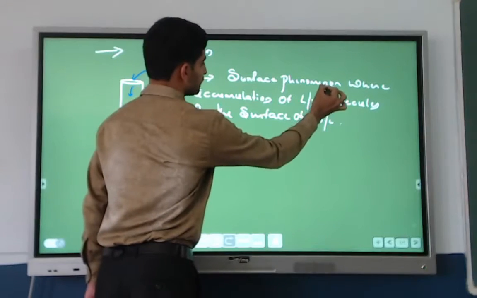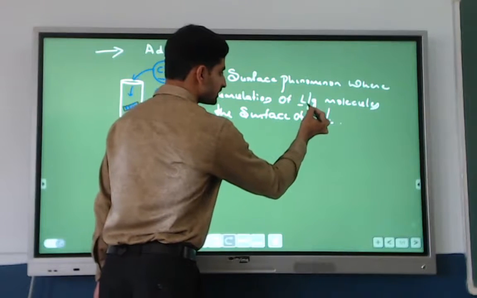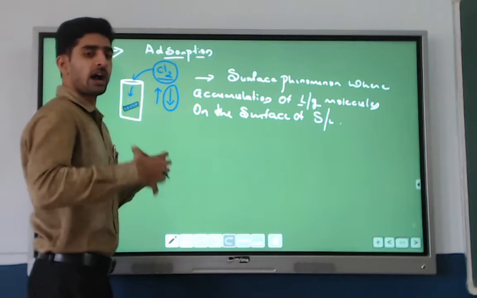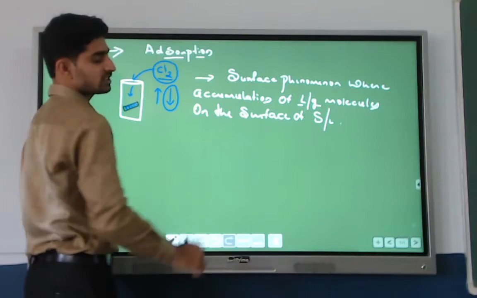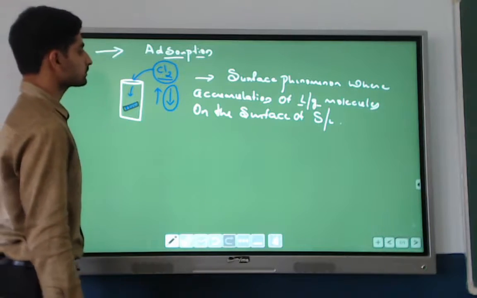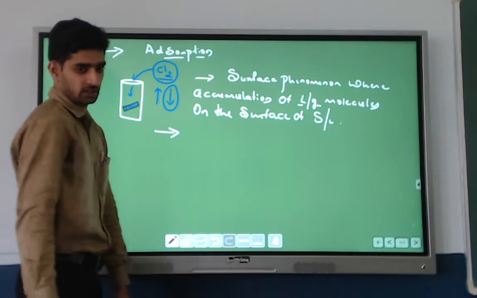Adsorption is a surface phenomenon where accumulation of either liquid or gas molecules on the surface of a solid or liquid takes place. Now, two important terminologies we are going to use right here.